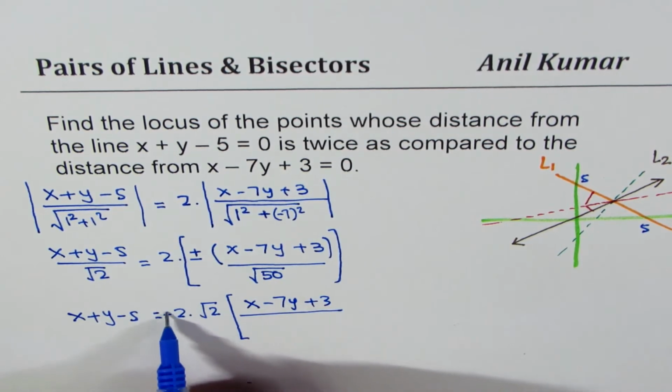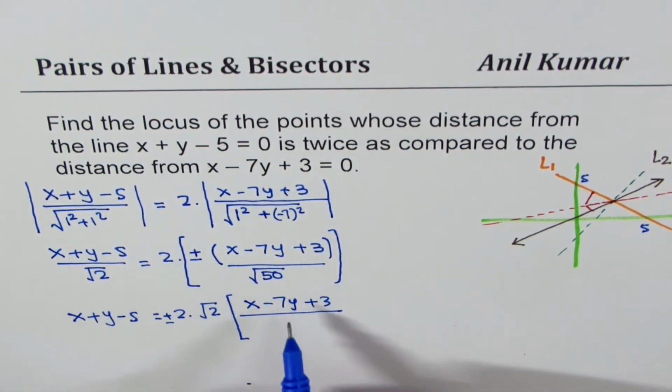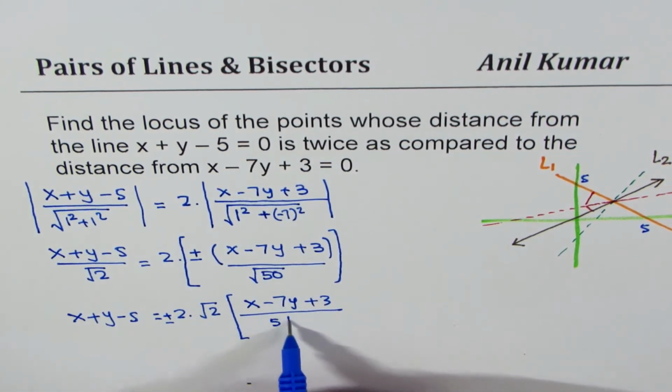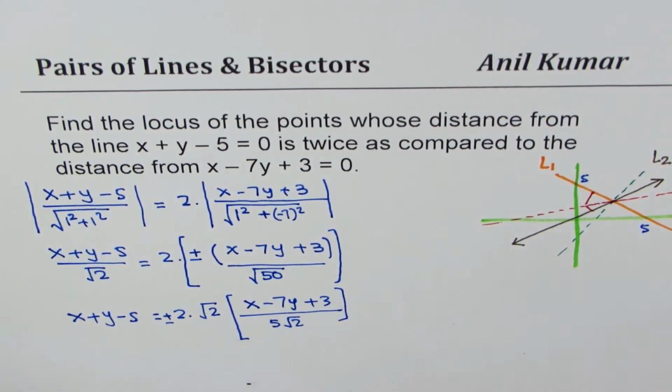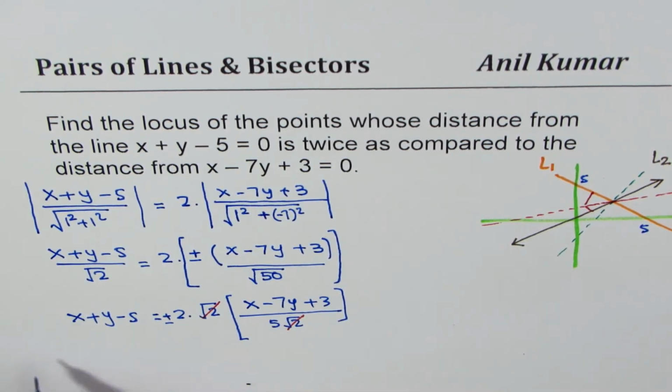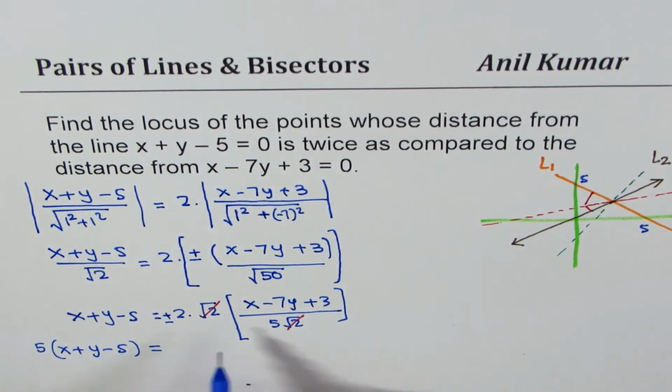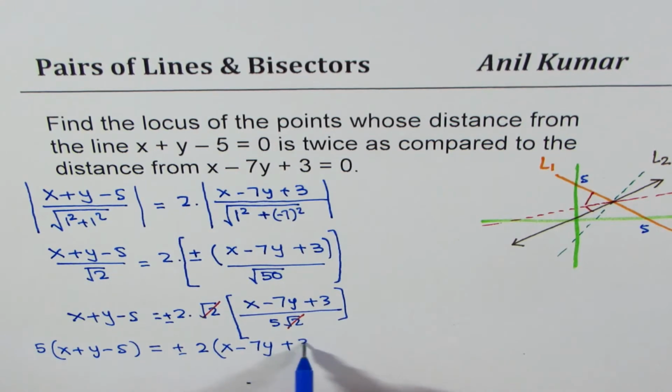So this plus minus I'm writing outside now, so we could have two values. And 50 could be written as 25 times 2 or 5 square root 2. So as you can see, square root 2 will cancel off, and we could cross multiply and write this as 5 times x plus y minus 5 equals plus minus 2 times x minus 7y plus 3, right?